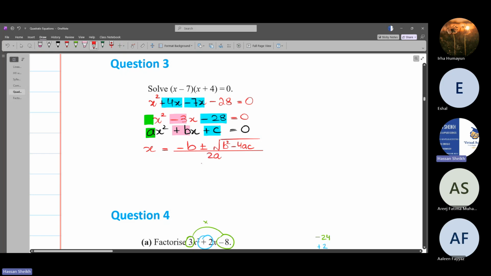The formula must be written here. So x equals minus b, means minus minus 3, plus minus root of b squared, means root of minus 3 whole squared, minus 4, A is 1, C is minus 28.